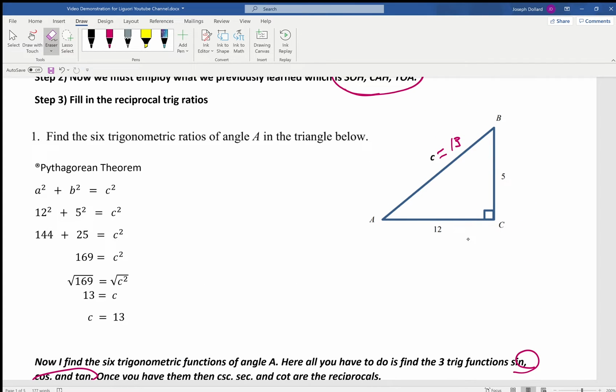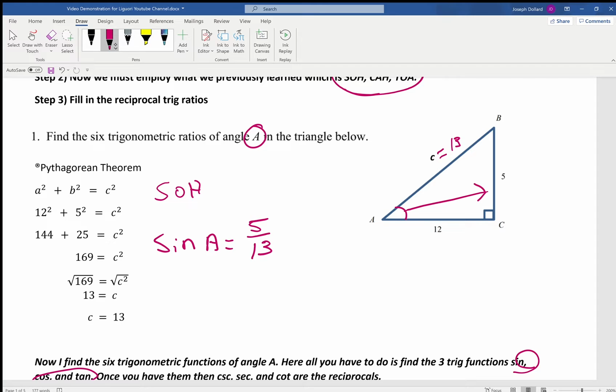So if we come back up here, notice what we're doing. We're trying to find the six trigonometric ratios of angle A. So when we want to find SOH, it's just going to be sine of angle A. The opposite side is 5, all over the hypotenuse, which is 13.